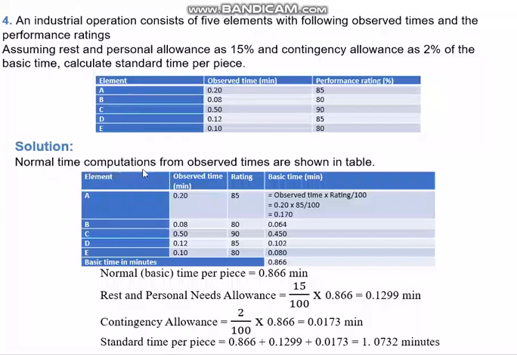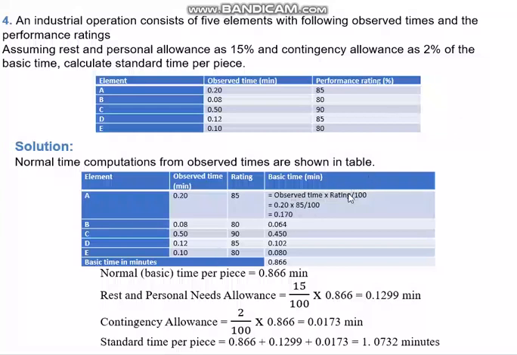The normal time computations from the observed time are shown in the figure. Only that you add one more column here, and there you write basic time. Now basic time, we have the formula: observed time into rating is the basic time.